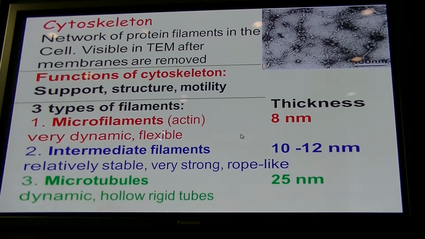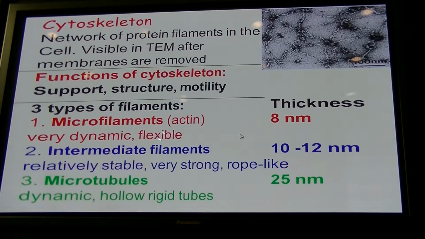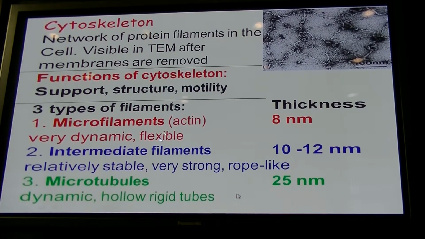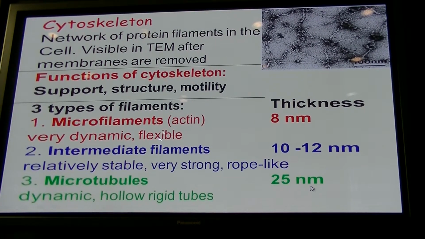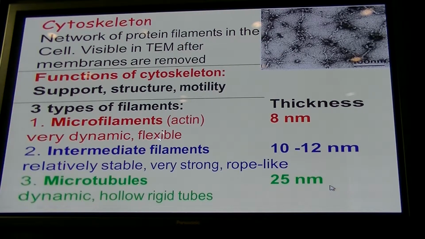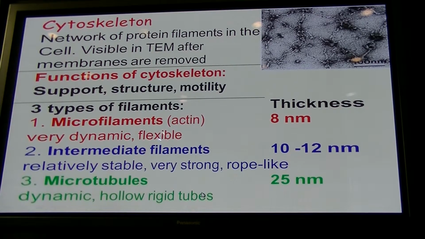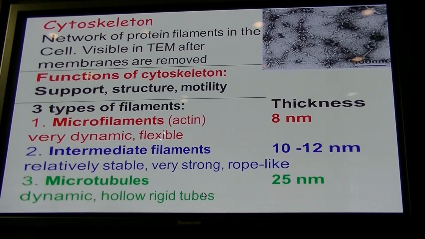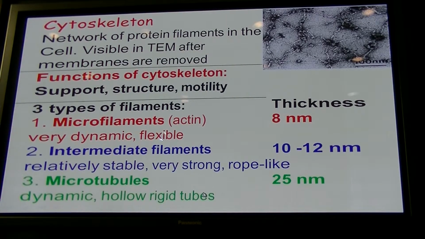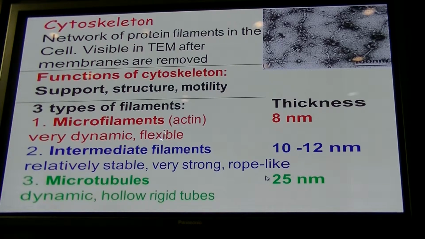Then there is the thickest part of the cytoskeleton, which is made up of the microtubules, about 25 nanometers in diameter. These are also pretty dynamic, meaning they form and break down rather quickly, but not as dynamic as the microfilaments. And then there's a type of cytoskeleton that is in between in thickness, and therefore, with a lot of imagination, is called the intermediate filaments.